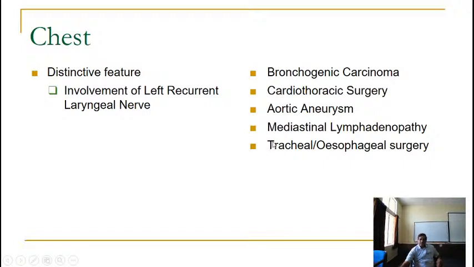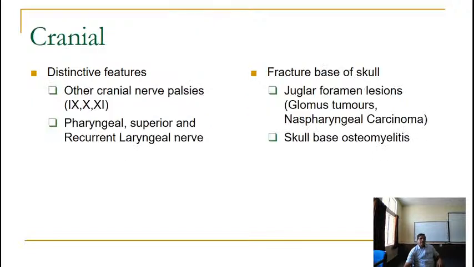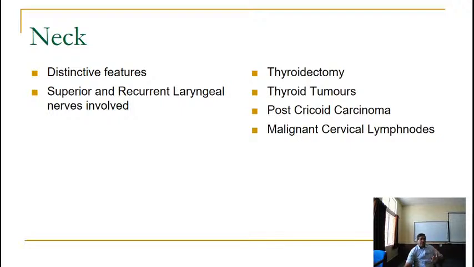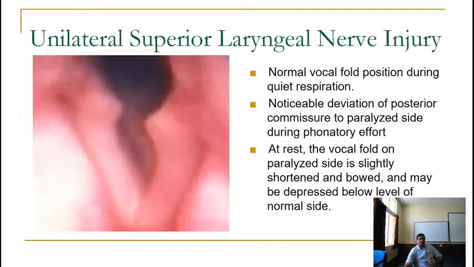So these are the various conditions which can give rise to a vocal cord palsy related to the chest. So we have seen the intracranial, then we have seen the cranial, that is the jugular foramina, then you have seen the neck, the various causes, then the chest, the causes.